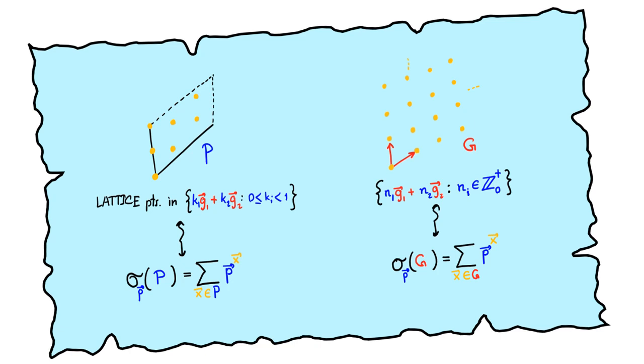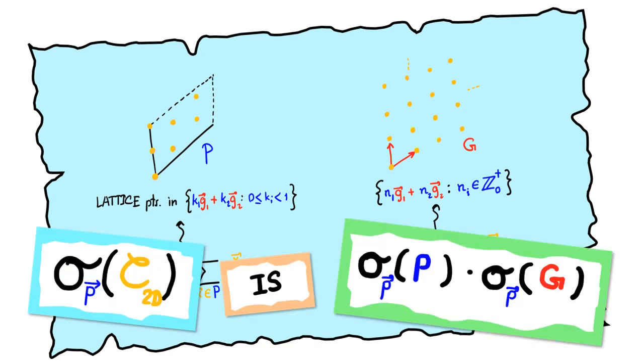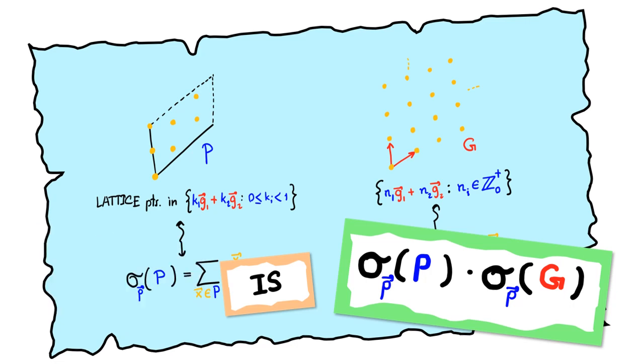I claim that the sigma of the cone is the product of these sigmas of P and G. You can actually see why by just staring at the expression long enough. I swear that works. But here is a nice way to put it.